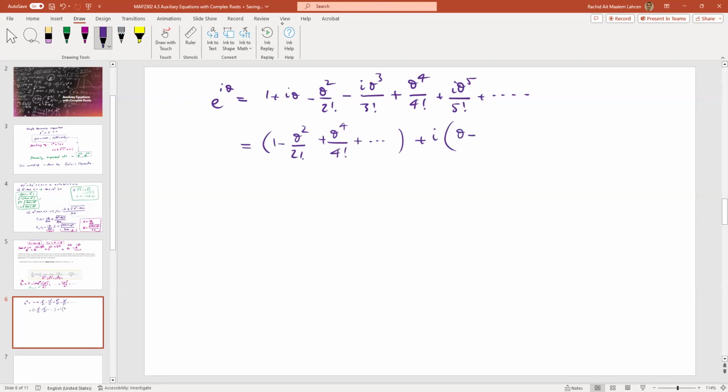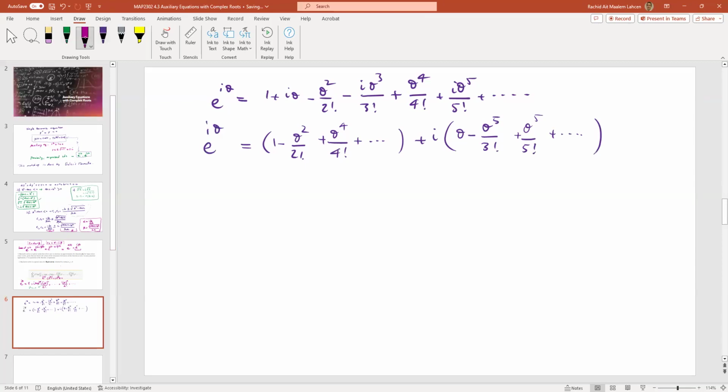And if you factor that I out of all these terms, you're running into this kind of formula here. All right. So now what's going on here?